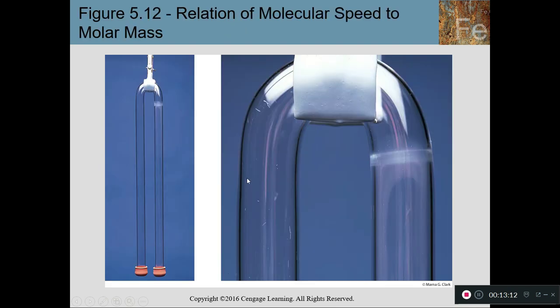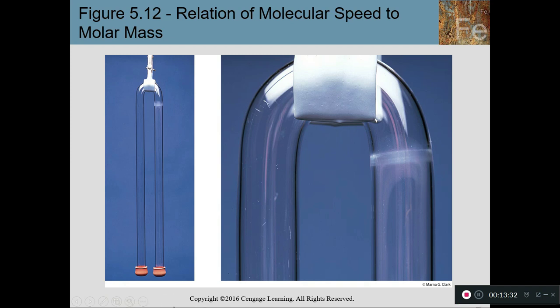This is an interesting image of an experiment that gets done occasionally, where they react hydrochloric acid, HCl, on a cotton swab or something on the bottom, with ammonia, NH3.